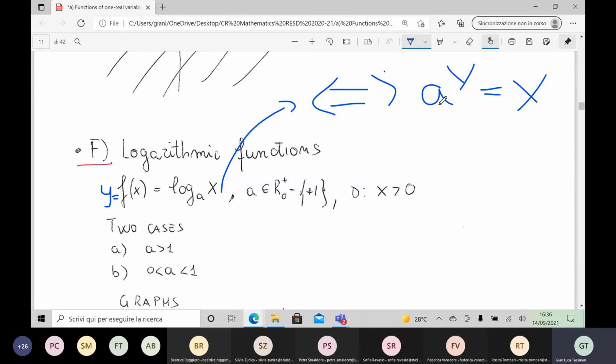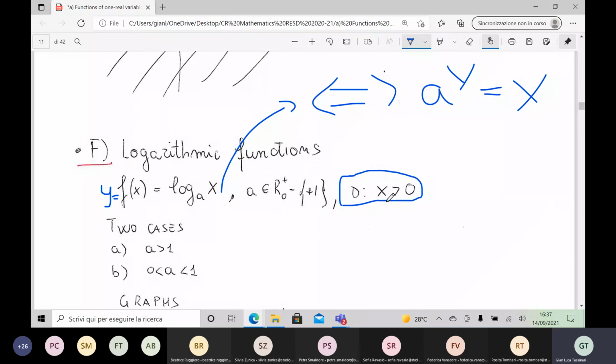And as I told you, what kind of function is this one, guys? A to the power y is a power function, which is strictly positive. So this term is strictly positive. Since the first term is equal to the second, also x must be strictly positive. This is the reason why the domain of the logarithm is always the argument bigger than 0. The argument is x in this case, so the domain of the logarithm is x greater than 0.